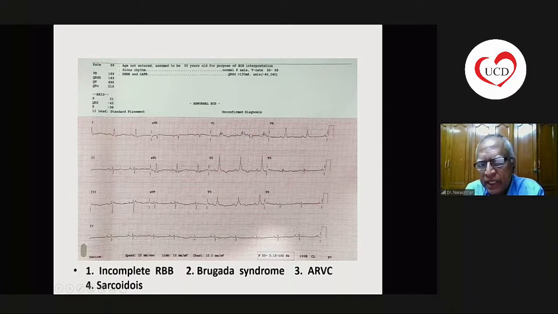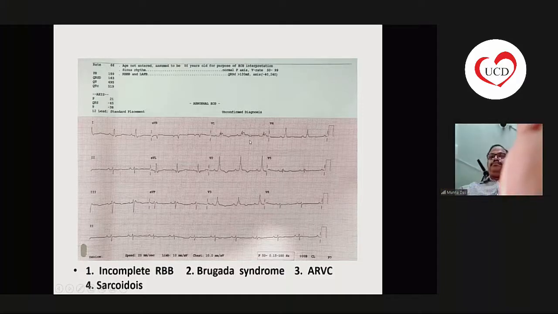If the R prime voltage is very low, this is not a regular run-of-the-mill right bundle branch block. This patient has an RV disease. Most likely, he was confirmed to have ARVC by MRI, and we were able to induce a sustained monomorphic VT in this patient.